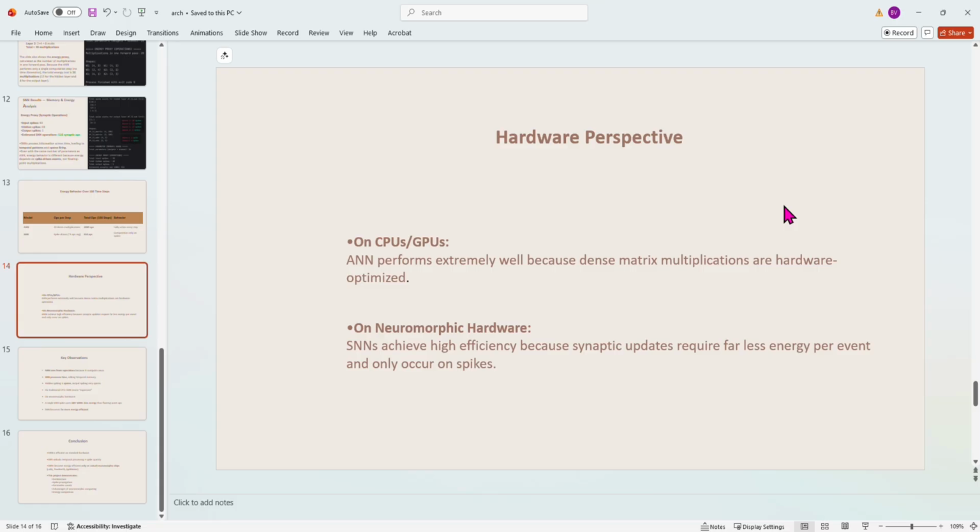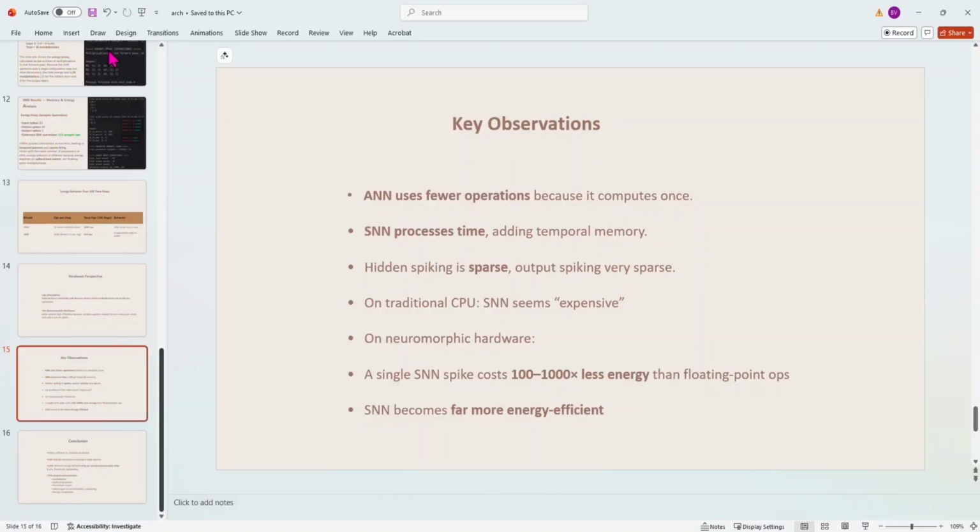SNNs only compute when a spike occurs, so synaptic updates consume less energy compared to a continuous ANN computation. So in simple terms, ANN is best for traditional hardware and SNN is best on neuromorphic hardware built for event-driven processing.